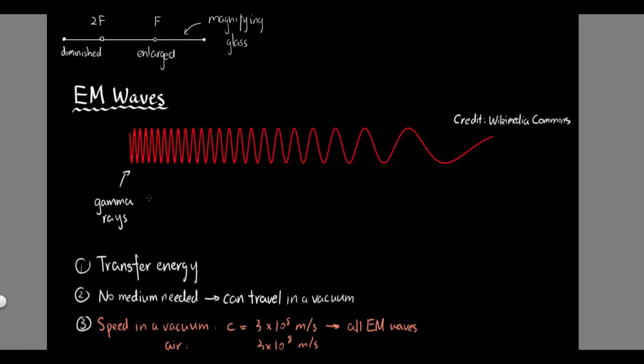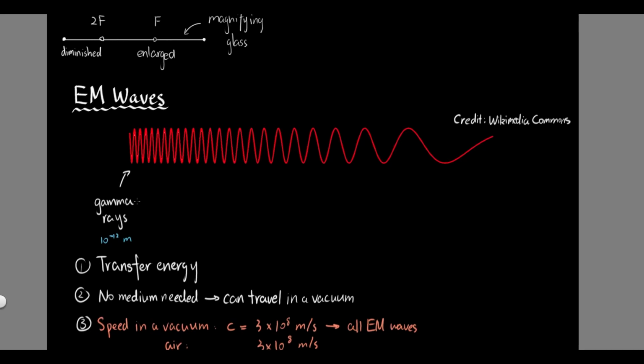You don't have to know that, but just as a fun fact, the wavelength is around 10 to the negative 12 meters. The wavelength is the length between two peaks, I guess is what you call it. And that's only about 10 to the negative 12 meters.